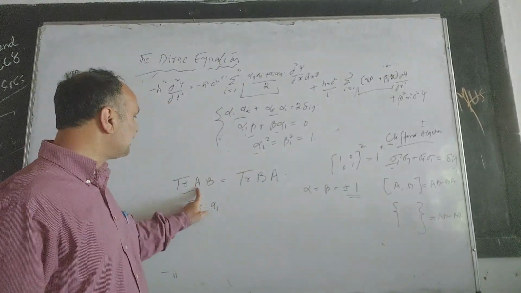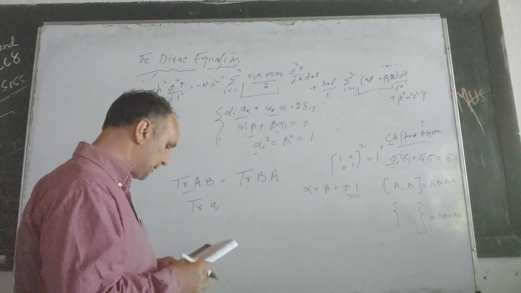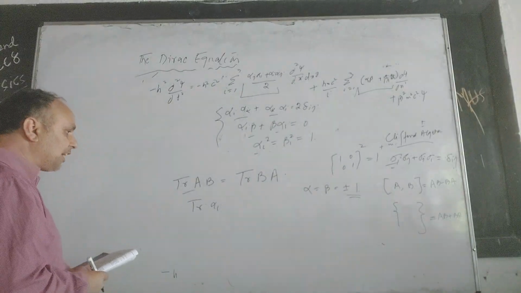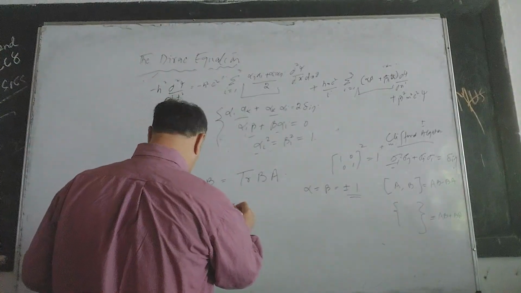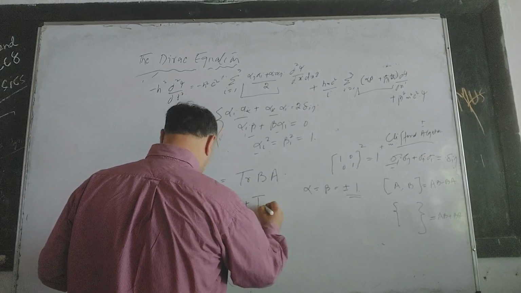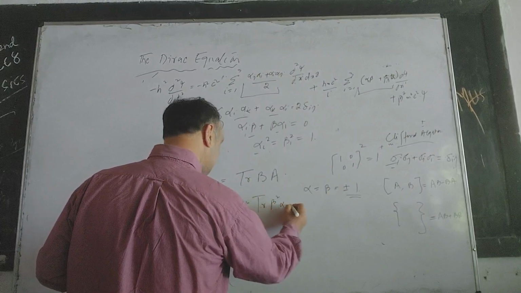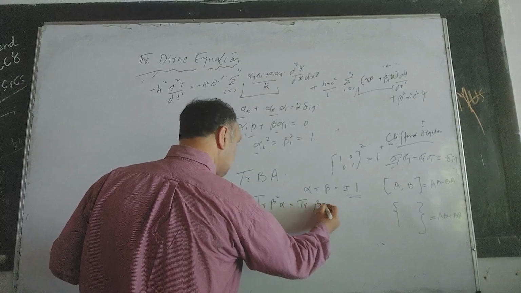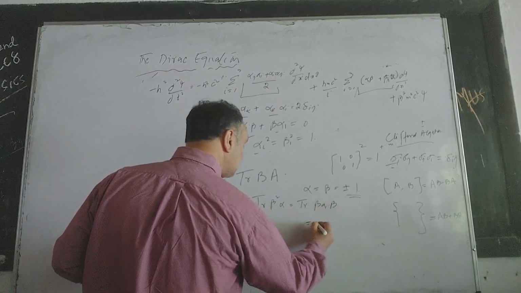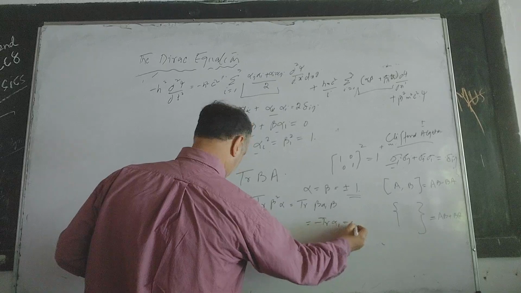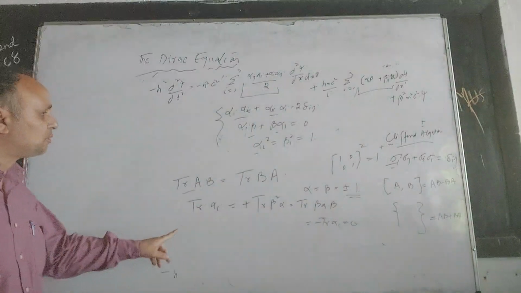So this means trace of BA, you can show it like this. This means you can get another property from this, so you can prove this property.